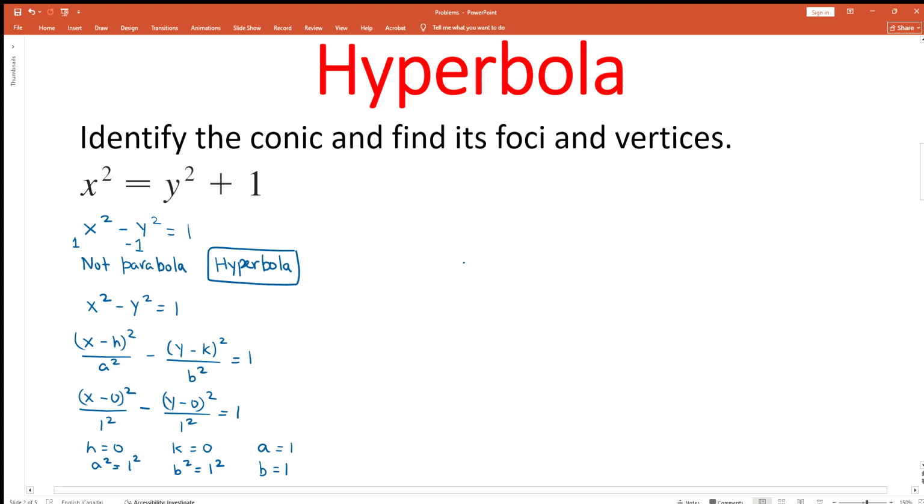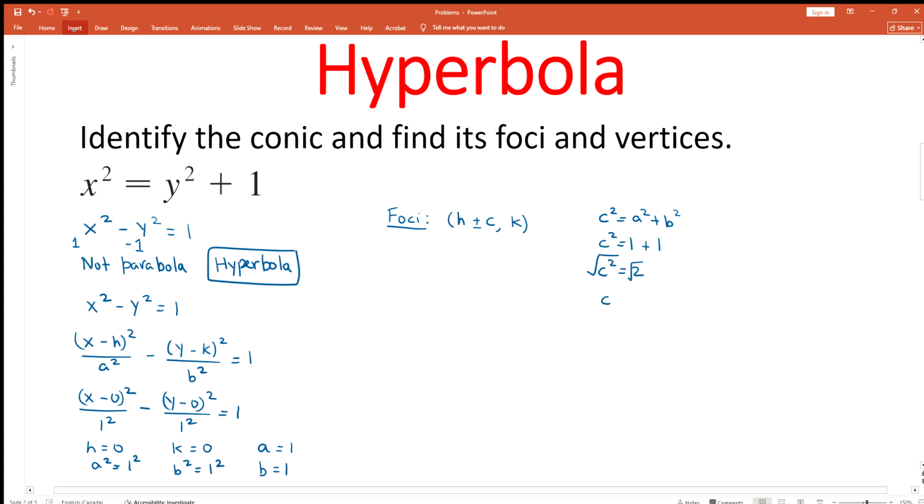Now we can find the foci of this hyperbola. Foci of a hyperbola whose curves are side by side are h plus minus c, comma k. We can find the value of c from the equation c squared equals a squared plus b squared. a squared is equal to 1, b squared is equal to 1. We can apply square root to both sides.